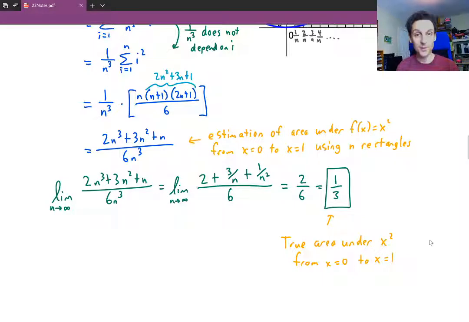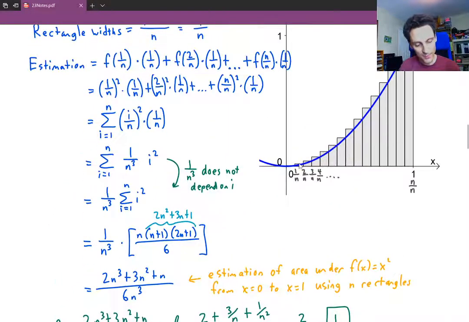But it's true. The area under that parabola from x equals 0 to x equals 1 is 1/3. And we know it's true because we used these rectangles to approximate the area, but we used more and more and more of them out to infinity. And so then we approached exactly what the true area under the curve was.